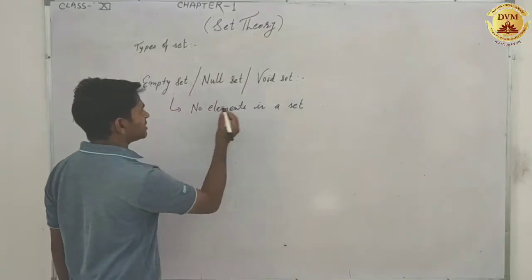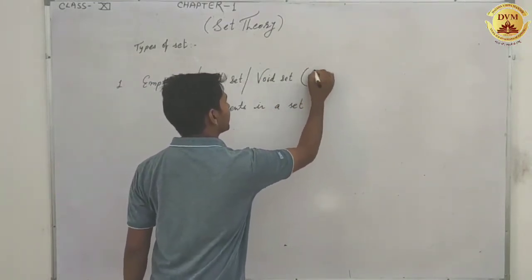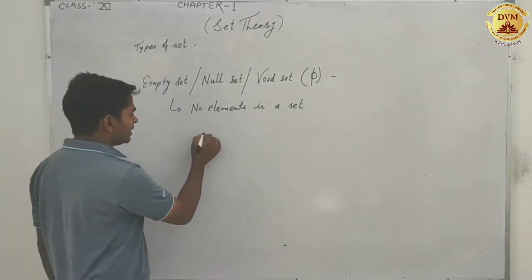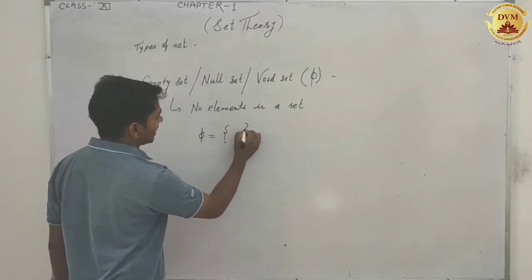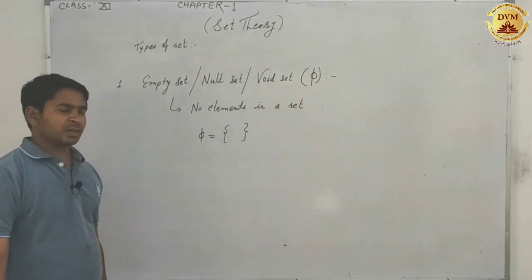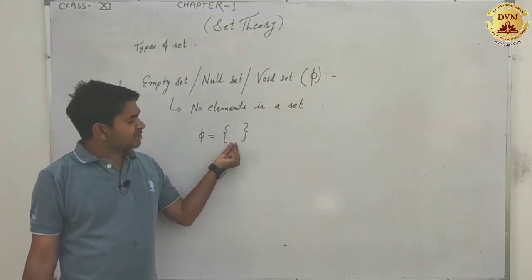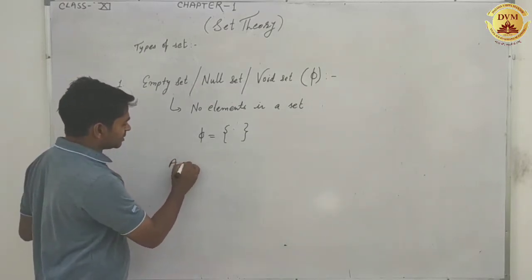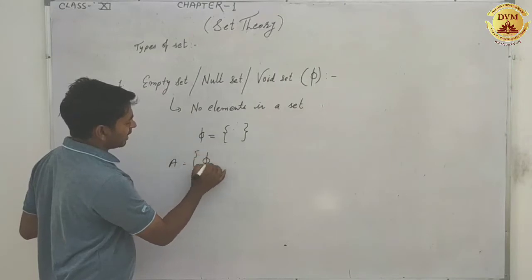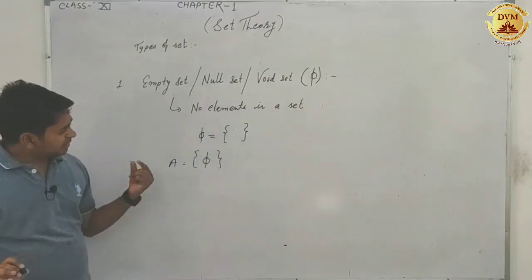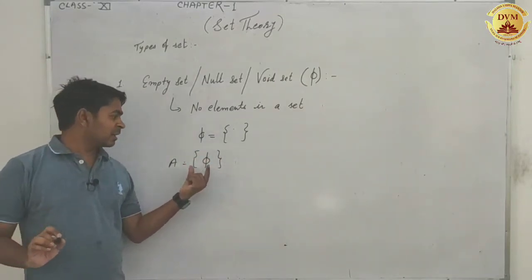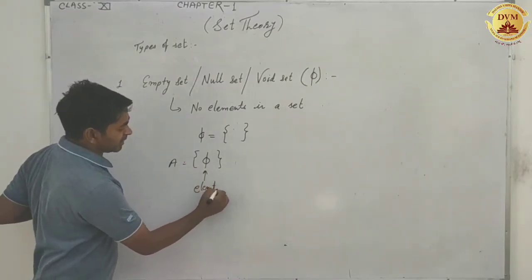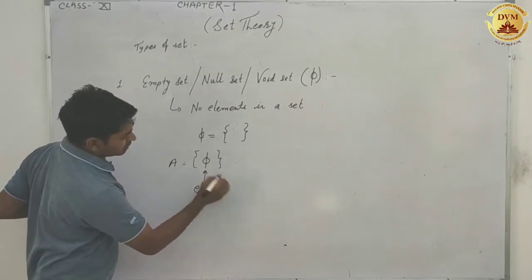It is represented by the symbol for empty set, which is a set in which there is no element. I'm taking an example. Suppose A is equal to {5}. This is a set, but here 5 is working as an element, not as a set.